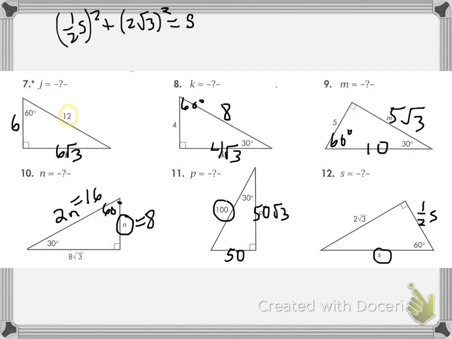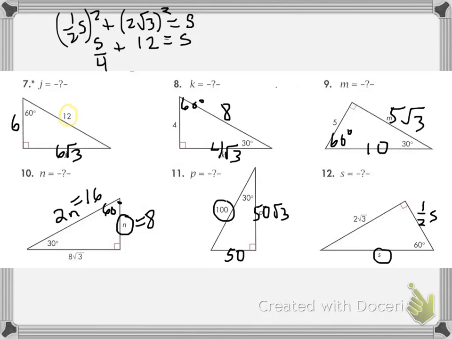Okay, so a half S times a half S is a quarter S squared, or just S squared over 4. 2 root 3 times 2 root 3 is 2 times 2 is 4. Root 3 times root 3 is 3. 4 times 3 is 12.